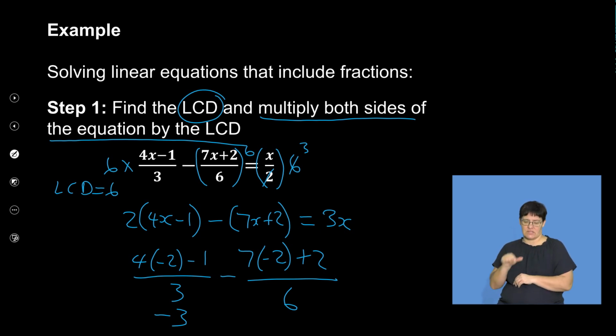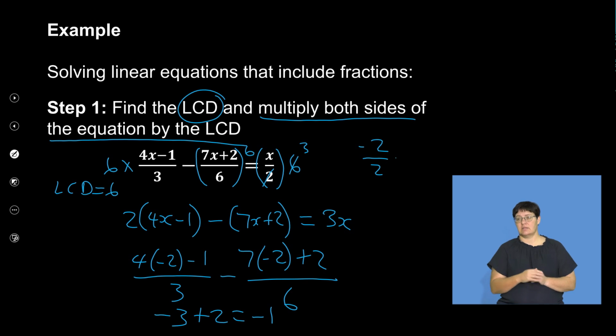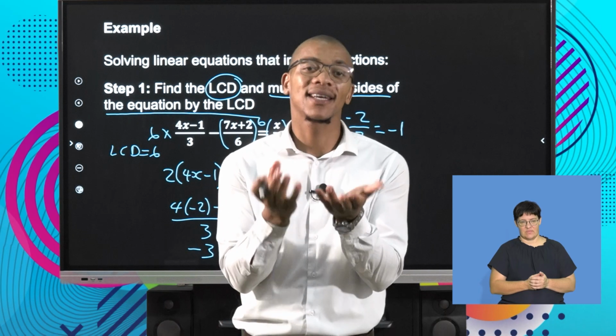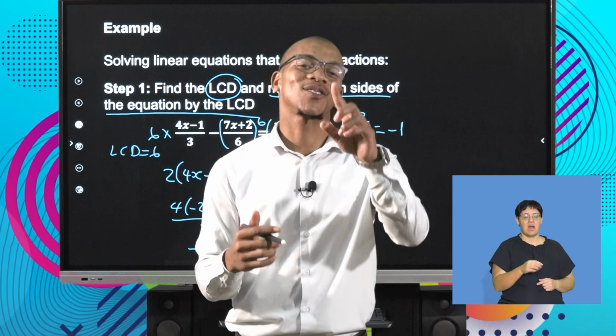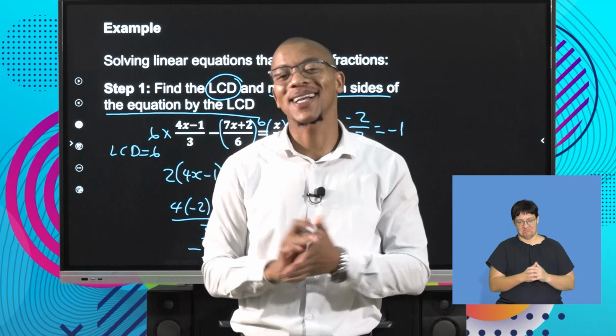Divide by the 6 will be a negative 2, but there's still that negative, so it becomes plus 2, which is equal to minus 1. Then that's the left-hand side. The right-hand side will be minus 2 over 2, which is definitely equal to negative 1. Therefore, the left-hand side is equal to the right-hand side. That qualifies our answer to then be correct, and then I can mark it right.